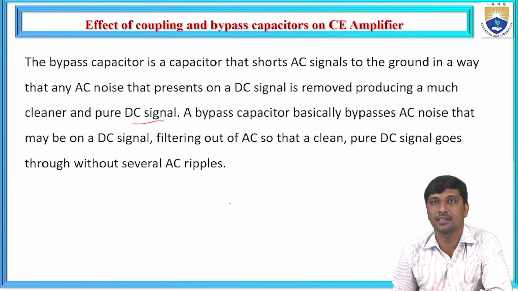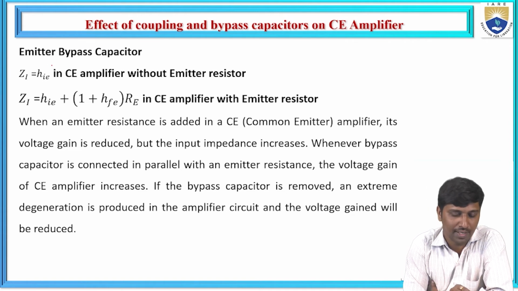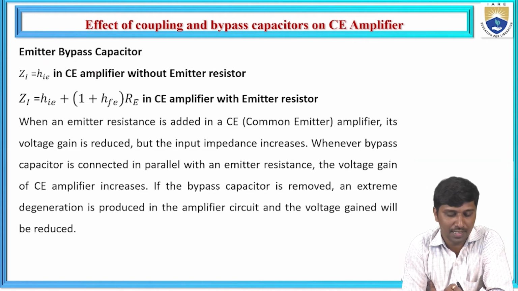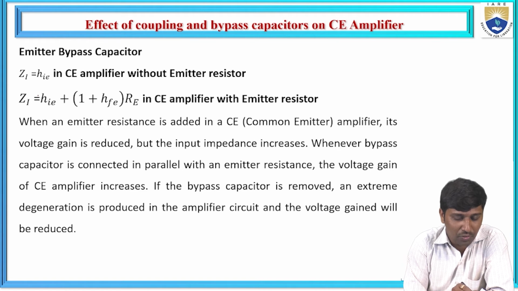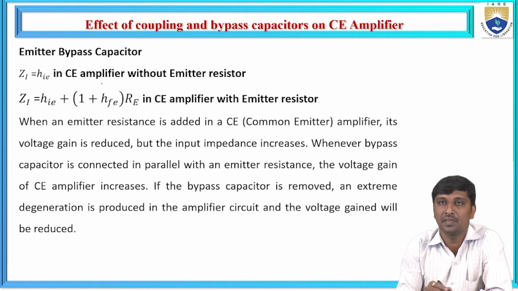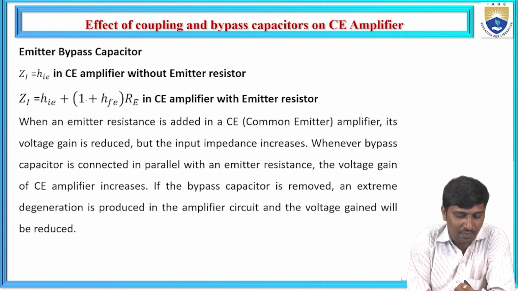Now, what happens when we use this emitter bypass resistor? We observed the amplifier analysis using the small signal model. When using this CE amplifier with and without emitter resistance, from the low frequency analysis, I am recalling here the input impedance without emitter resistance.